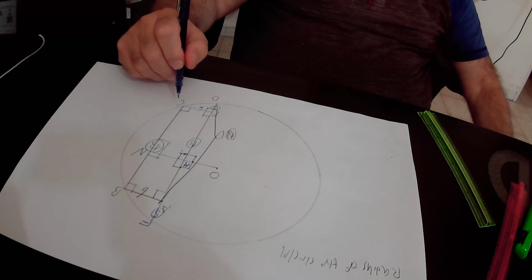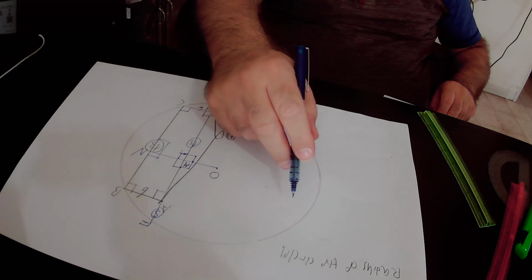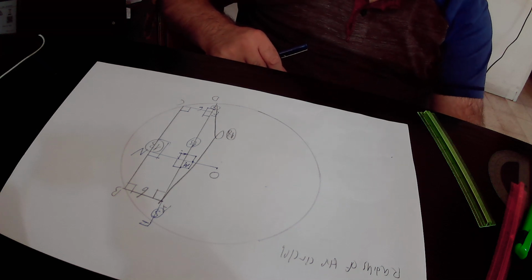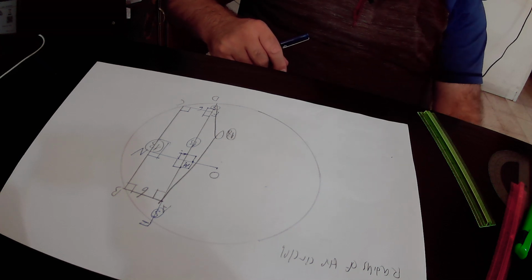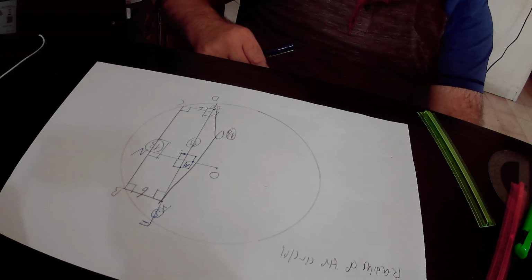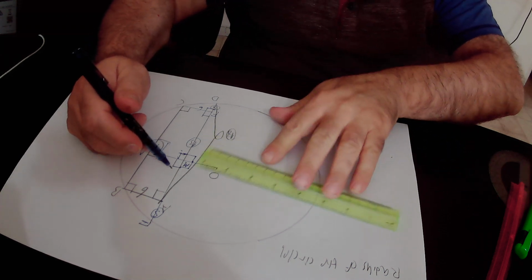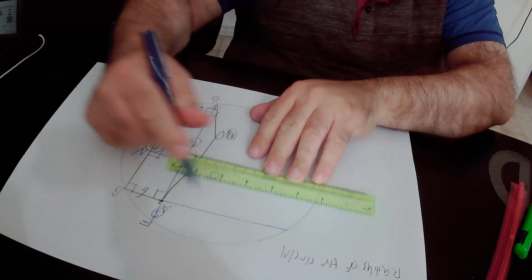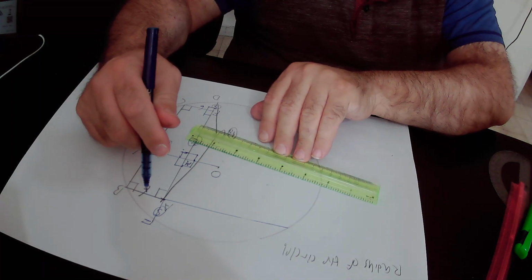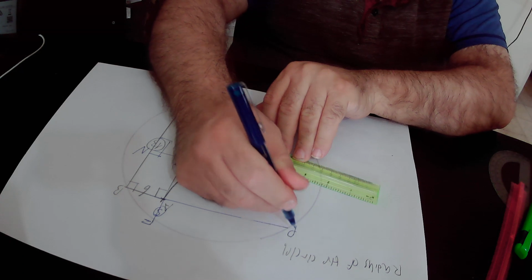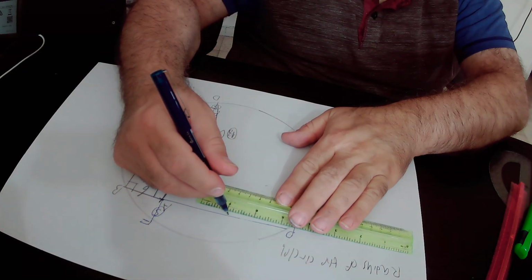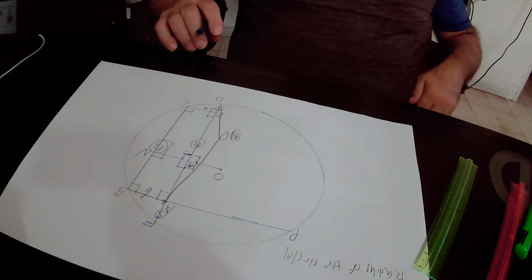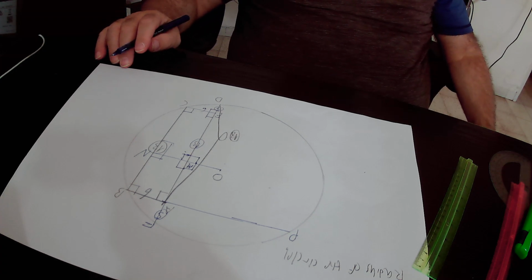In the next step, we will extend side BA by a straight line until it touches the circle. At this point, we define the touching point of the extended side BA and the circle as P. And here you can implement the old rule number 2.